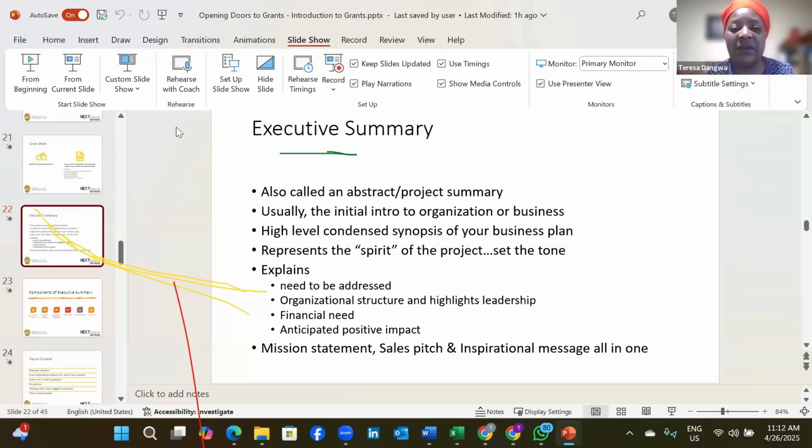The executive summary, on the other hand, is another one to really get right. When you present your grant, most reviewers are going to look at 3 items first before they go into everything else. First, they are going to look at the cover letter.